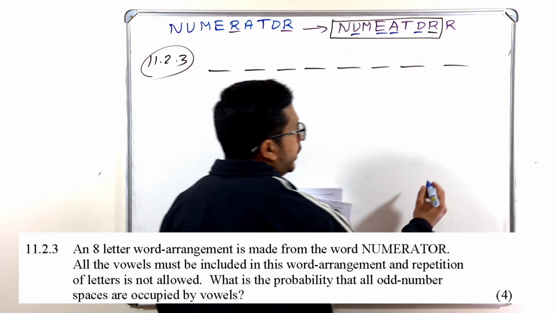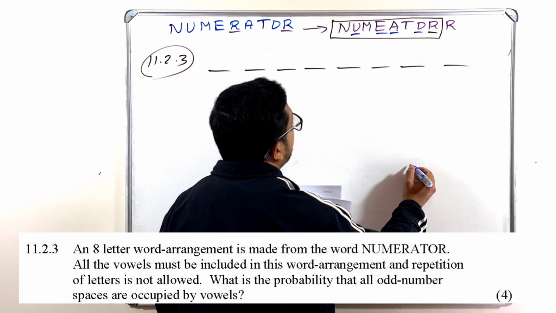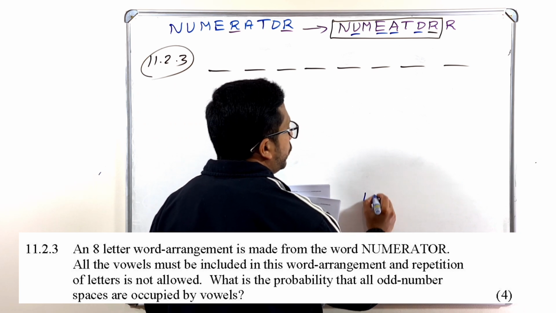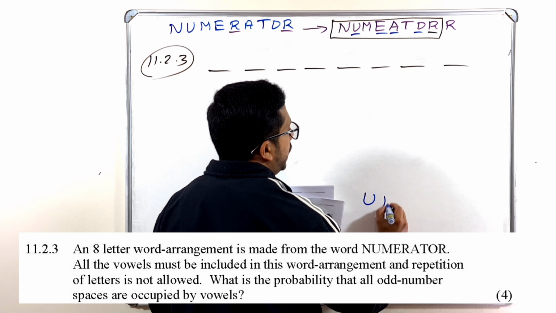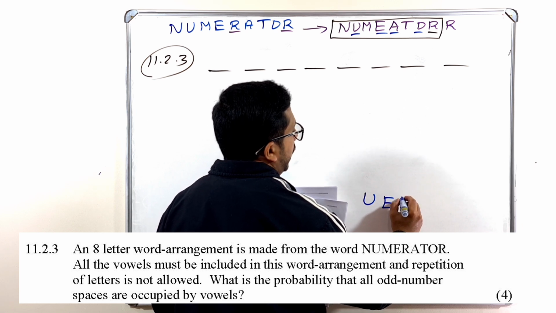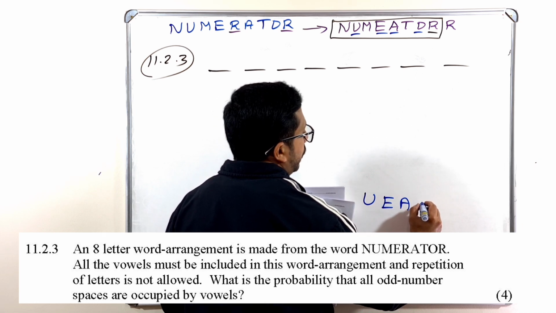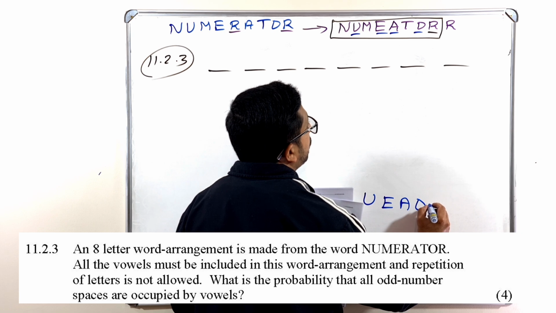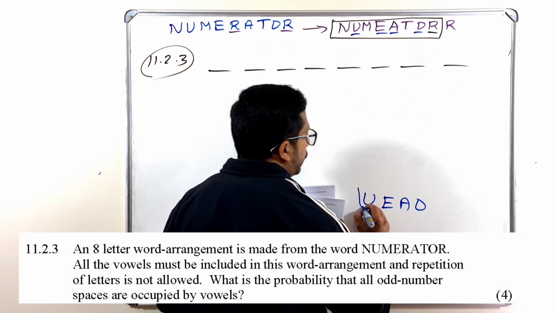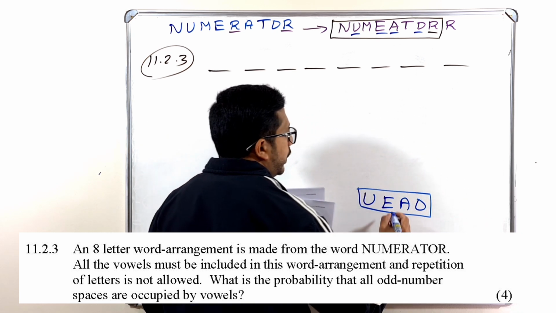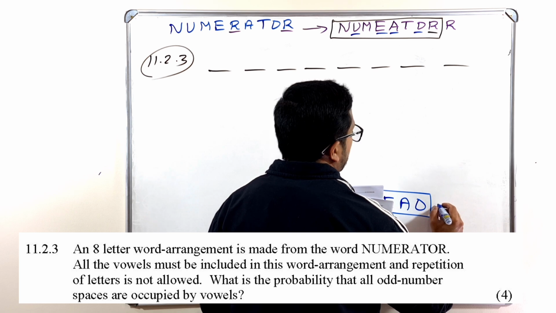Okay, like what we did in the previous question. So here what are the vowels? U, then E, A, O, those are the vowels.